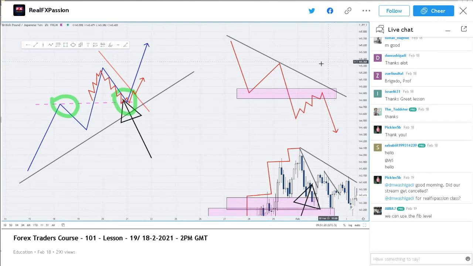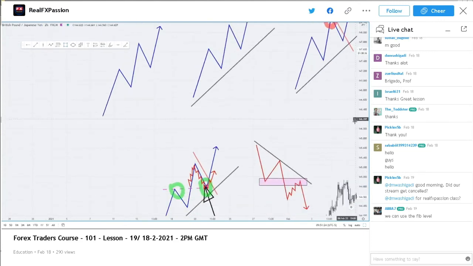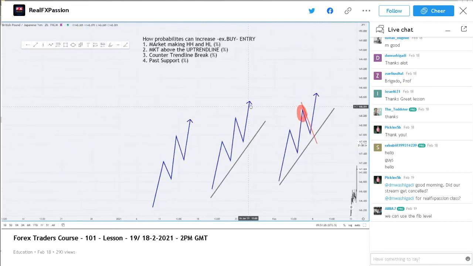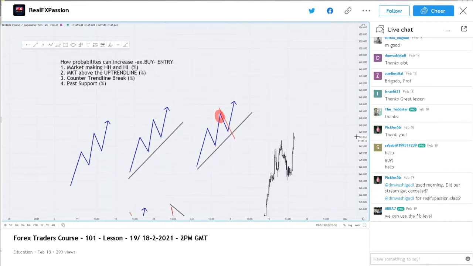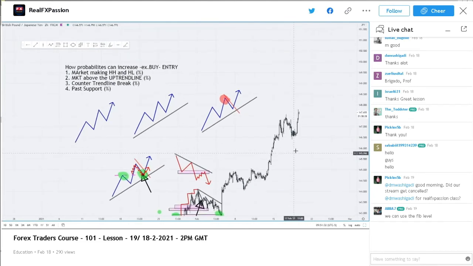Okay. And DMW, I would not agree with you that it's low probability, because the more reasons you have, like in here, make sense? The more reasons, the more convergences, the better the chance of success.